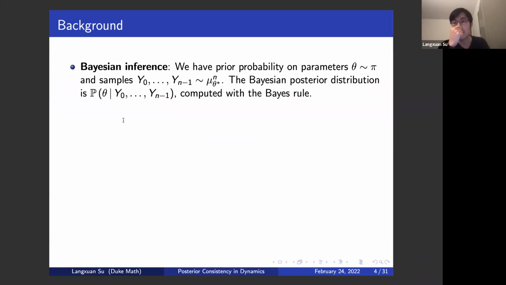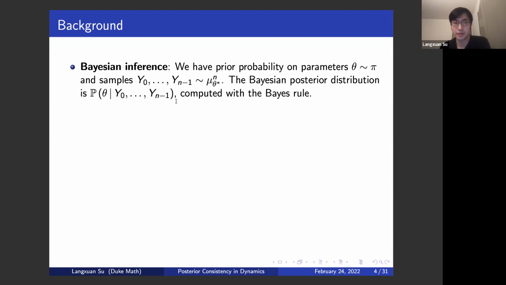So first we want to look at the classical problem of Bayesian inference. Basically, first we have a prior probability on the space of parameters, and we observe some samples that are maybe generated by one of the parameters. And then we want to calculate the posterior distribution on this parameter space by just using the Bayes rule.